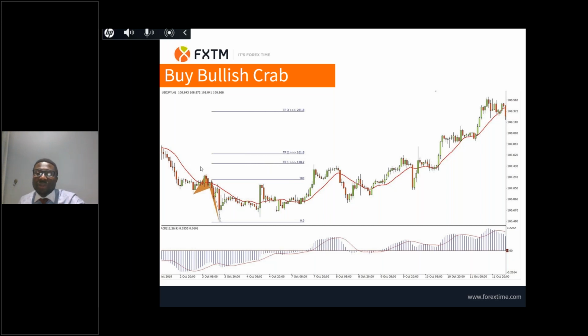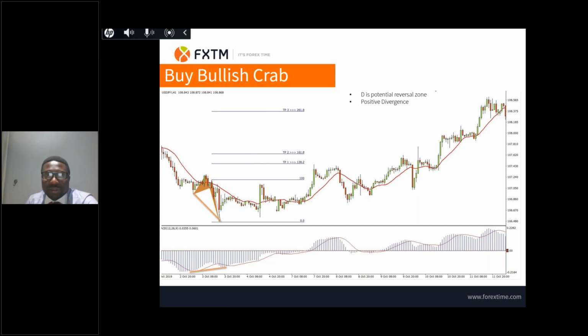It's applied to closing price. So once I spot this crab, the next thing I do is to find my entry point.